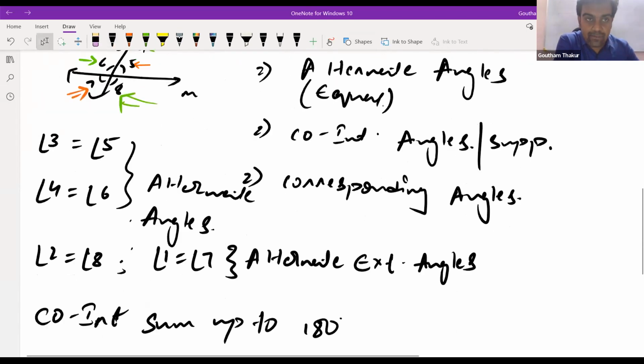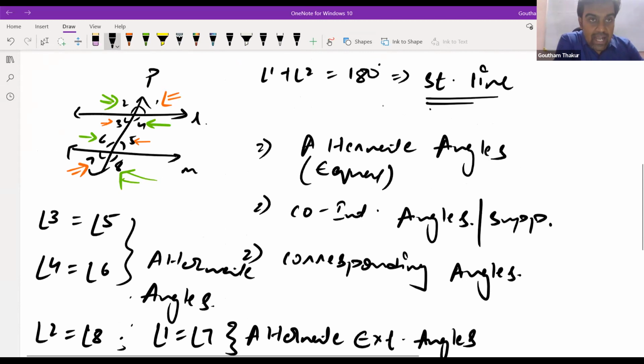For example, if you observe this figure, angle 3 and angle 4 are co-interior angles. Angle 1 and angle 4 are again co-interior angles. Angle 2 and angle 3 are co-interior angles. Angle 6 and angle 7, angle 5 and angle 6, angle 7 and angle 8, and angle 5 and angle 8.